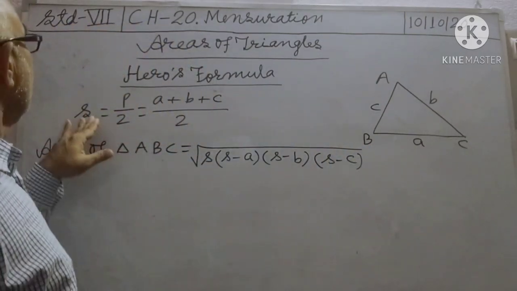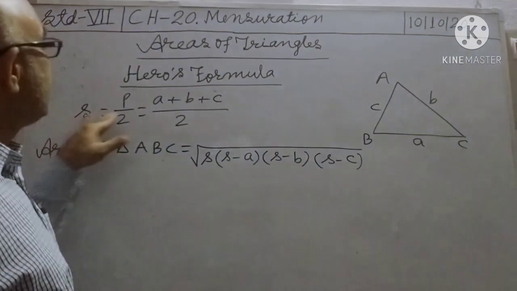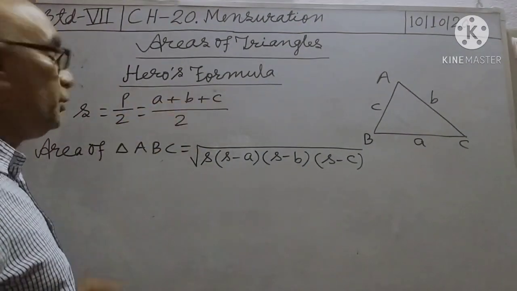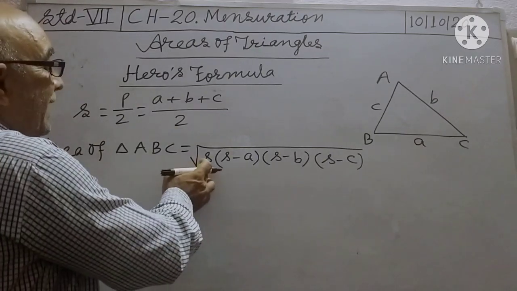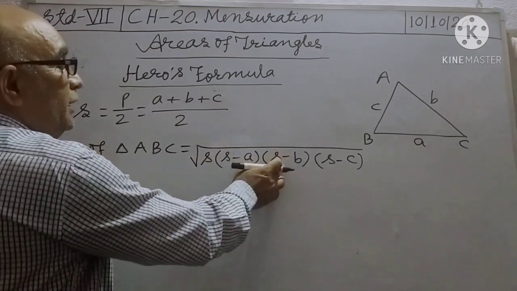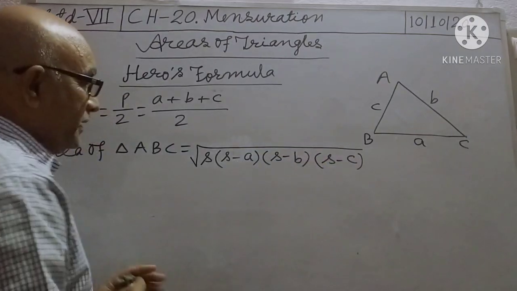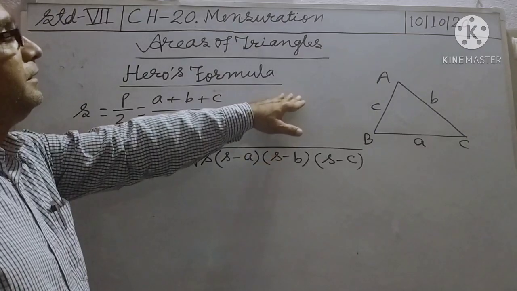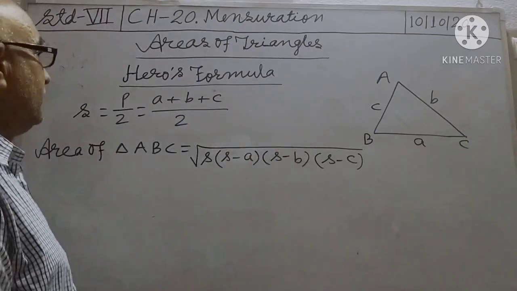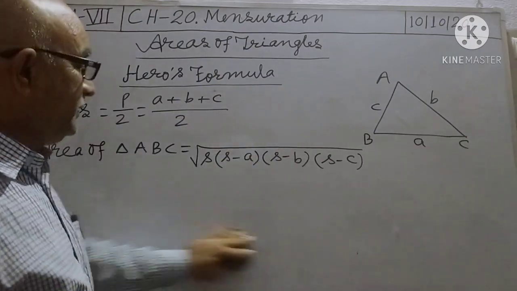First of all, find semi perimeter s, a plus b plus c by 2. After that, write area of triangle ABC under root s into s minus a into s minus b into s minus c. Now calculate and find the area of triangle. Understand and write it.